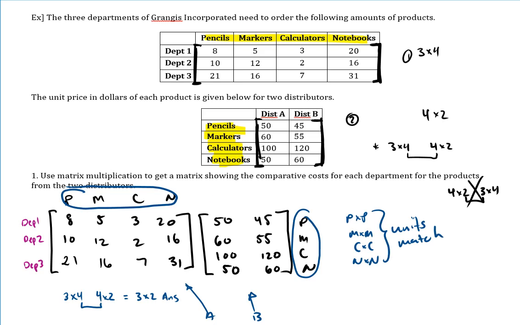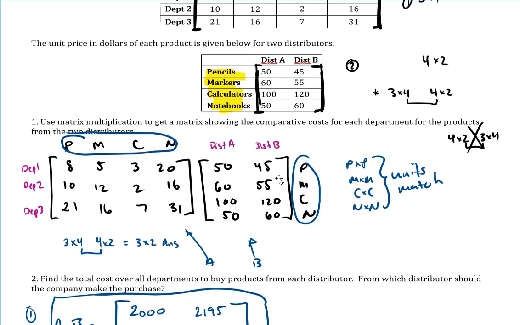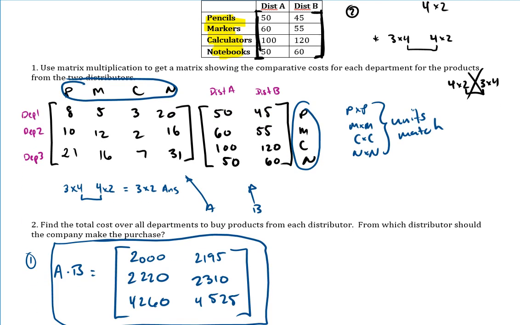And then these were the different distributors, distributor A, and then this is distributor B. Okay, well, these in the purple are still pretty much here. So this is distributor A, this is the distributor B stuff, and then this is for each department. So this is, right, and then these are those costs.